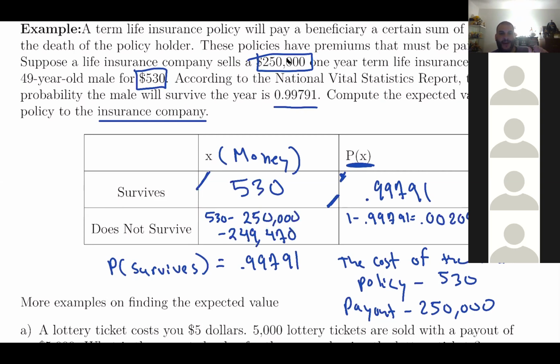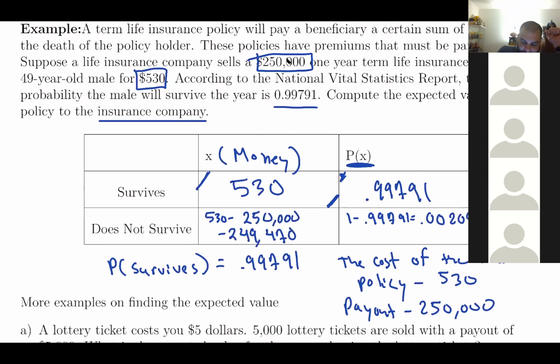You have to see how much money they already retained, how much money they lost, and then the net of that value. That will be your net loss for does not survive. Everybody good with that? I got negative 249,470.